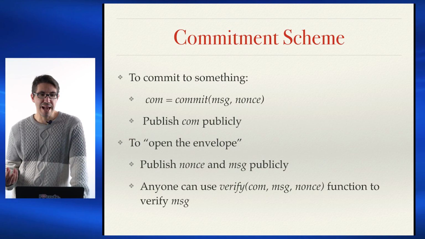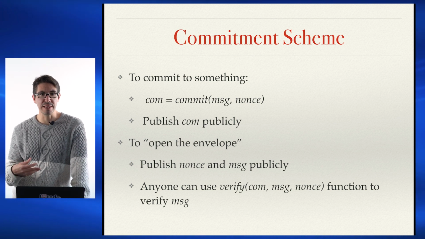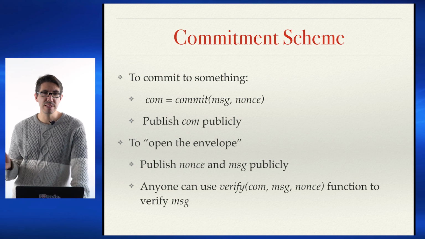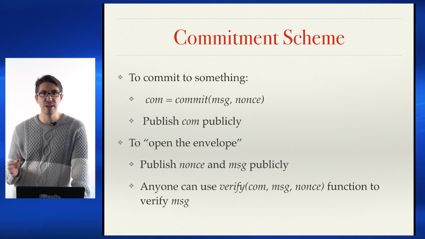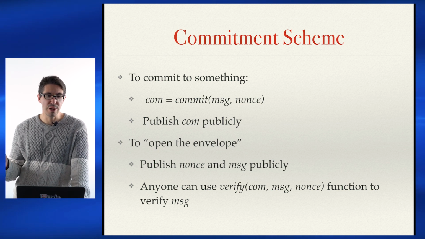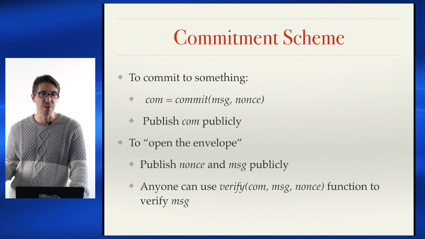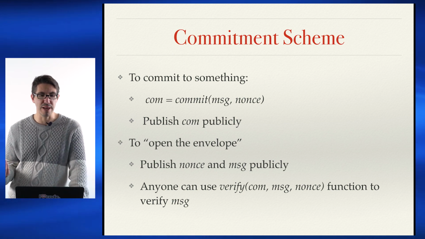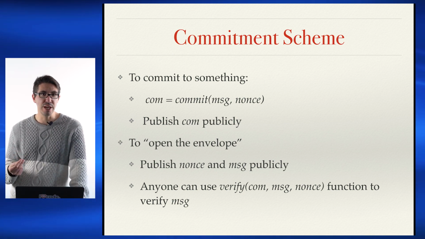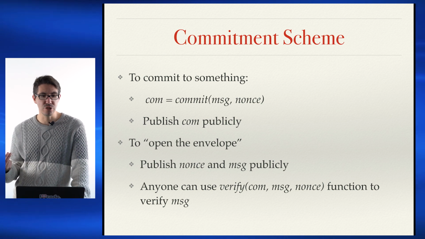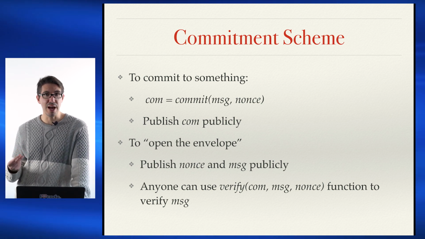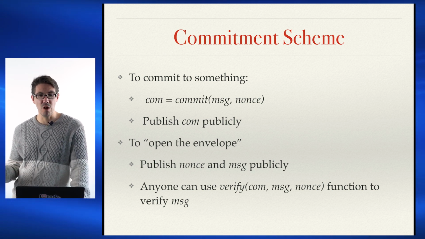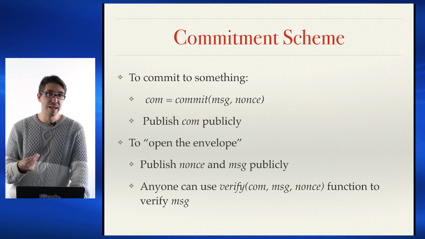After I generate this hash, I publish it publicly, I let everybody know about it, and then later, everyone has already seen this value. It may be on the blockchain, it may be published in the newspaper, it may be posted on Twitter, whatever. You can open the envelope, that is, show what was written inside, that was represented by this hash, by publishing the nonce and the message.